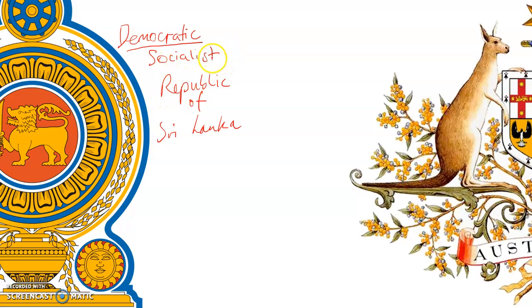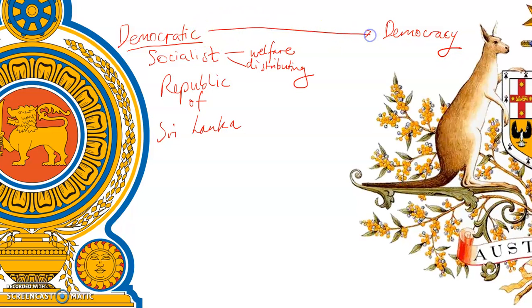Socialist has its historical linkages with the writings that led to communism. This just means that they've got a heavy emphasis on welfare and distributing wealth and resources evenly. So off the bat, I'm fairly certain that, like Australia, which is a democracy, there is one thing in common. I have to look to see whether or not it's actually a democracy, but for the moment, this is a good start.